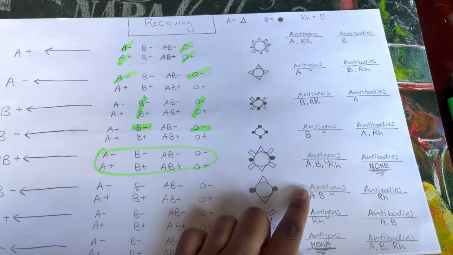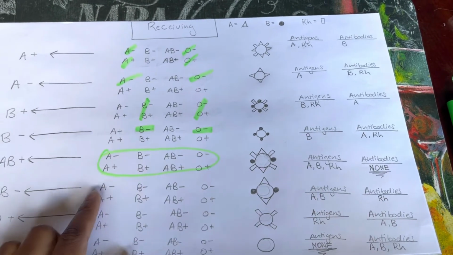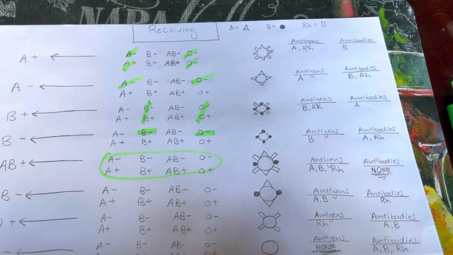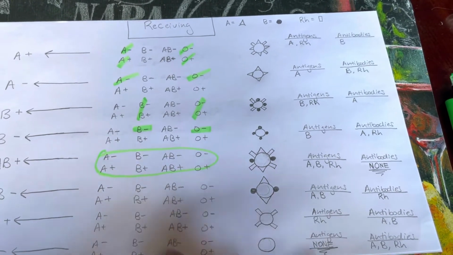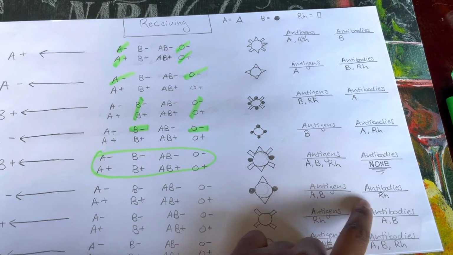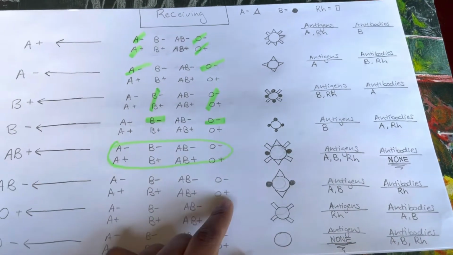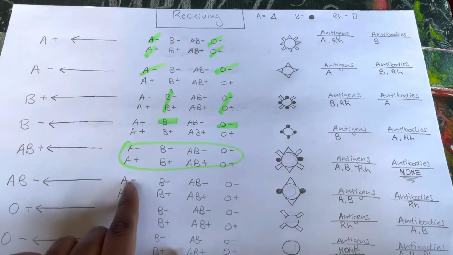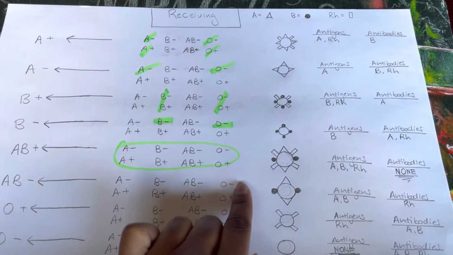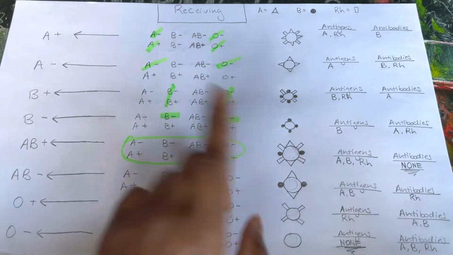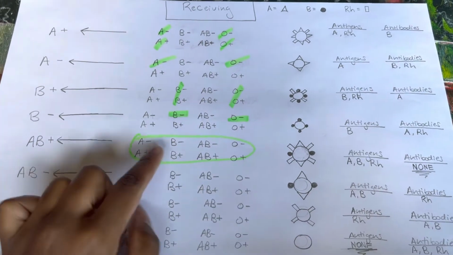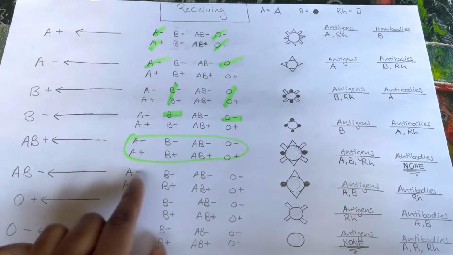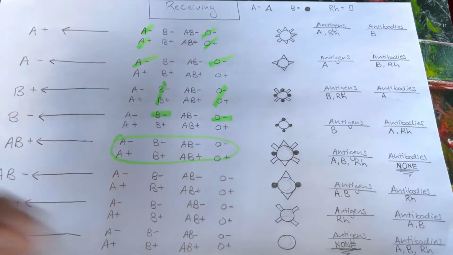So it can receive blood from any A or B blood types, and O, of course, but it cannot receive blood types that have positive. So we will have to eliminate all the positives, and we're left with all the negative blood types, and that would be our answer. It's the same thing, except because it's a negative, it cannot receive from a positive, so it's only the negative ones.